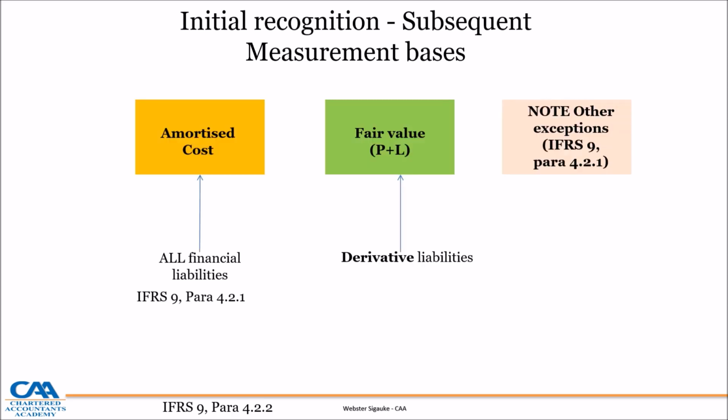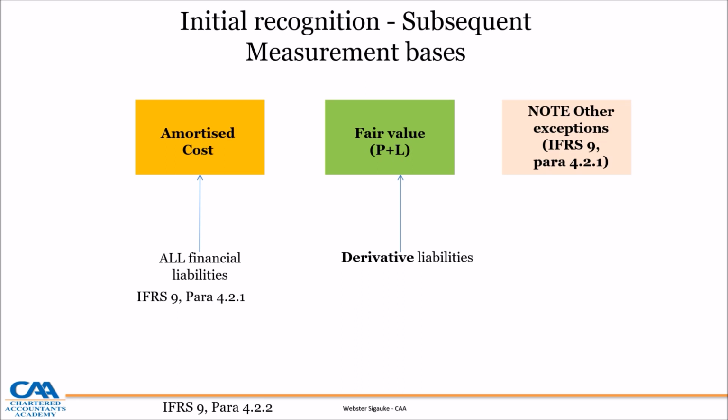So now the issue is basically how do you measure your financial liabilities. Initial measurement is at fair value plus or minus transaction costs. Your treatment of transaction costs basically depends on the classification of your financial liability.